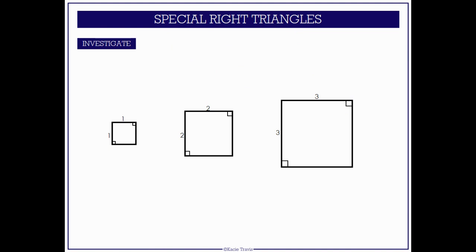We're going to do a quick little investigation. So starting off, we're going to use these squares below to create a right triangle using a diagonal. So we're just going to cut each of these with a line diagonally from the top left to the bottom right. Let's look at the first one. All right, we got our square here. We cut that diagonally.